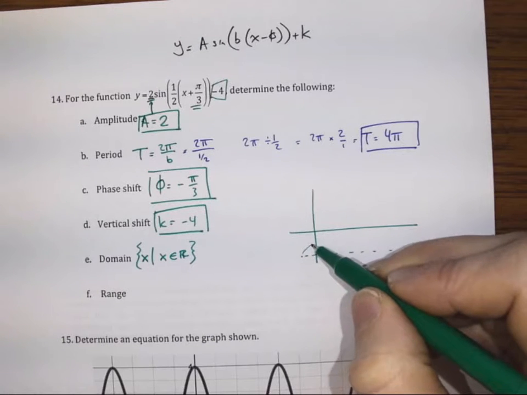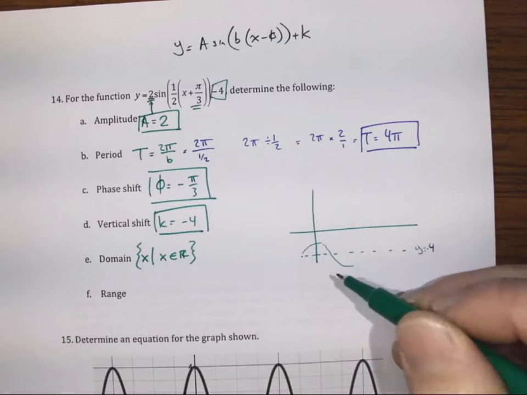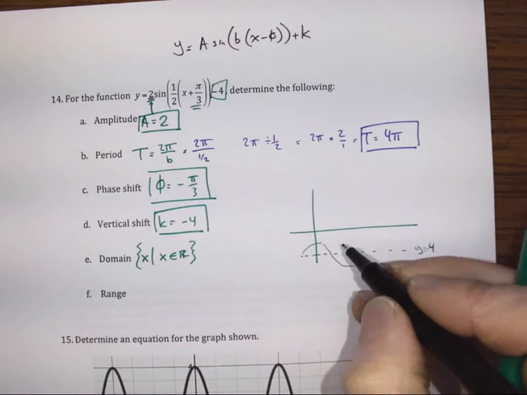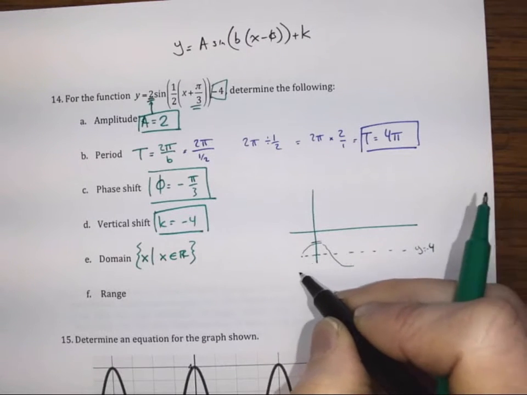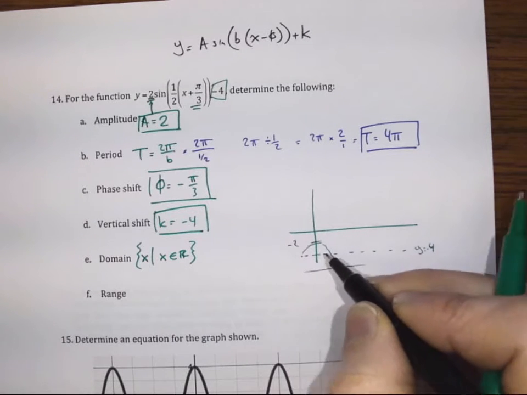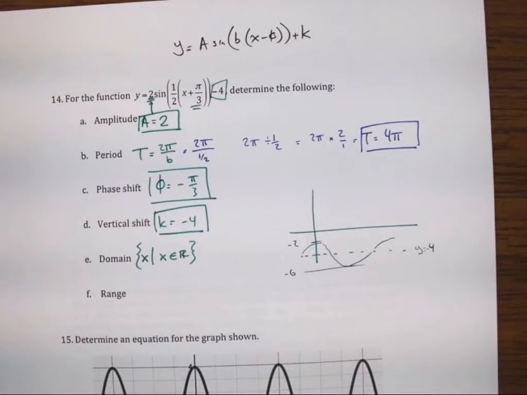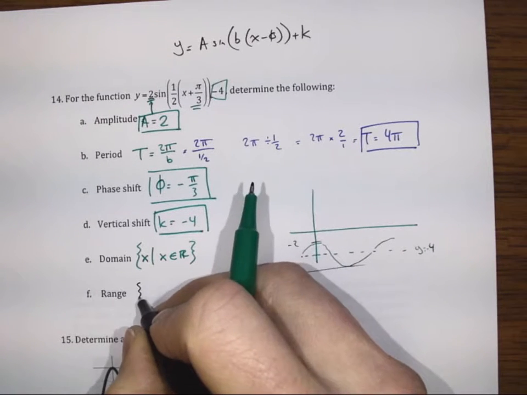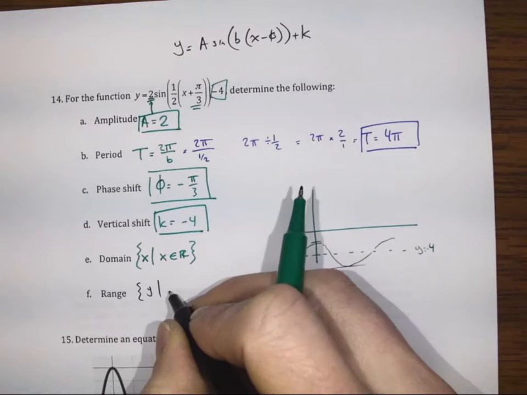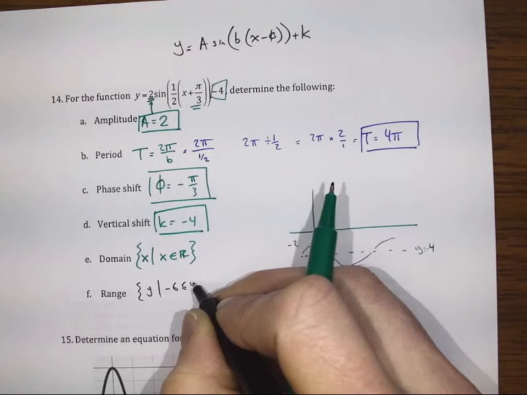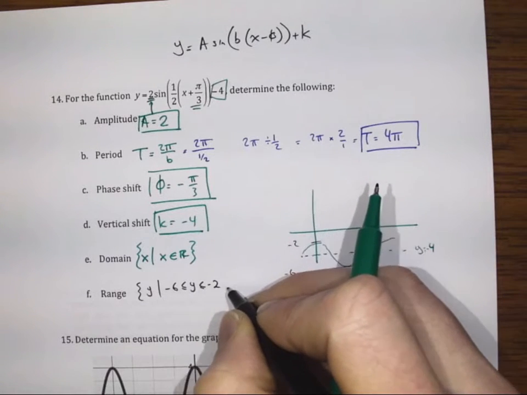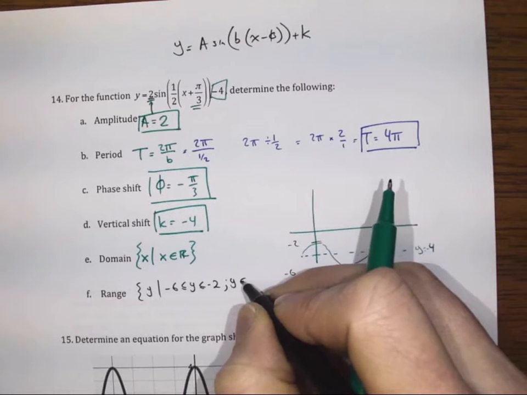Now we'll be going up 2 and then down 2. So you can think of it looking something like this, where that goes up to negative 2 and down to negative 6. Okay, so the range will be y such that negative 6 is less than or equal to y, which is less than or equal to negative 2. And y belongs to the reals.